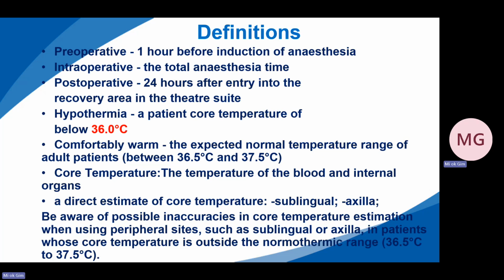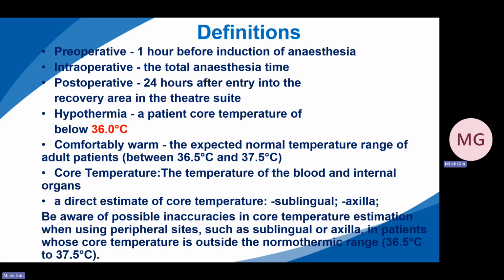So a couple of definitions. We know that, but I'm just going through. Preoperative means 1 hour before the induction of anesthesia, and postoperative means 24 hours after entering the recovery area.